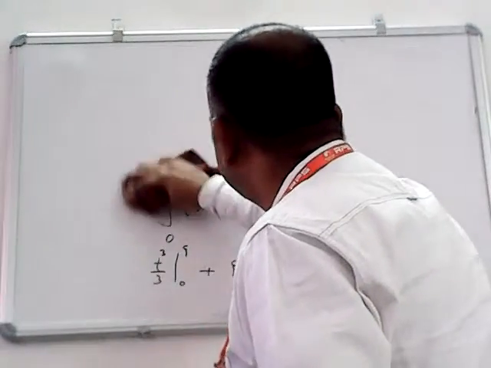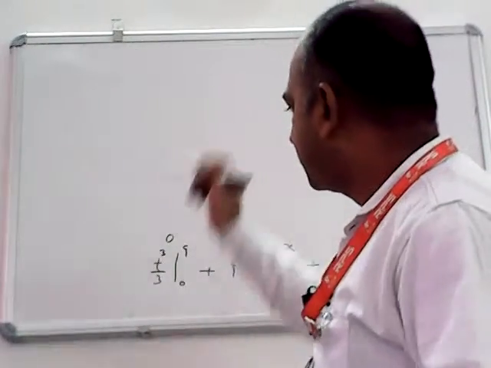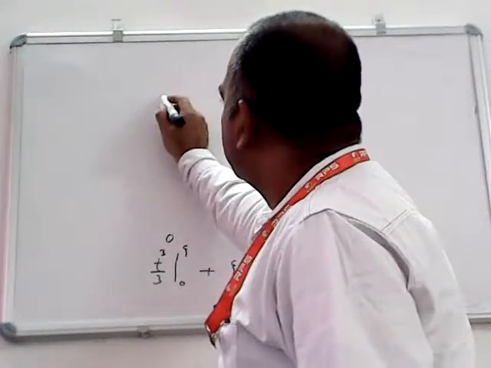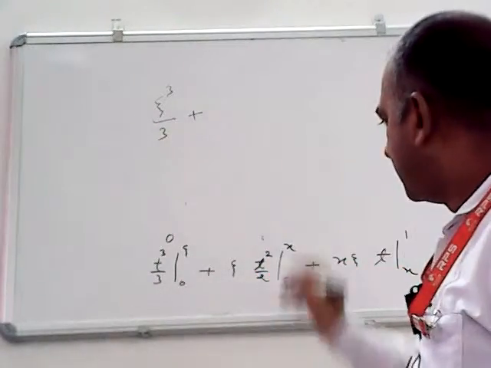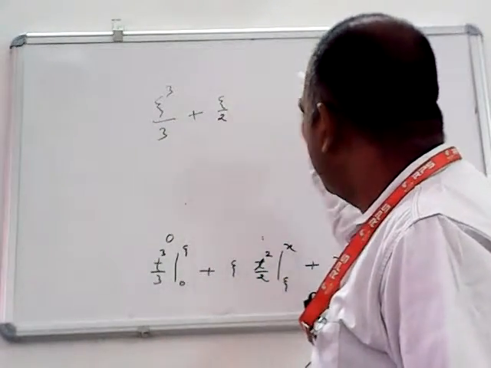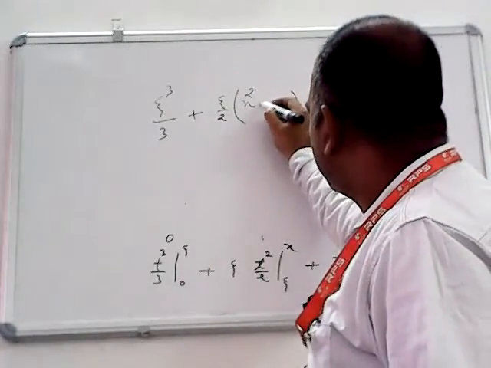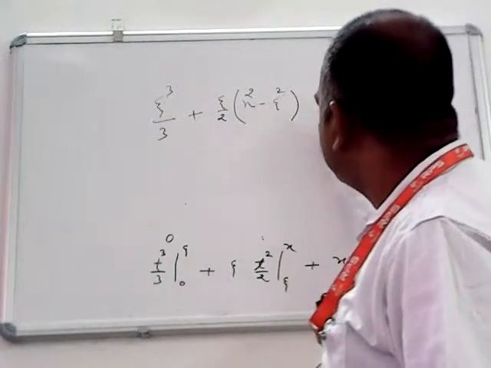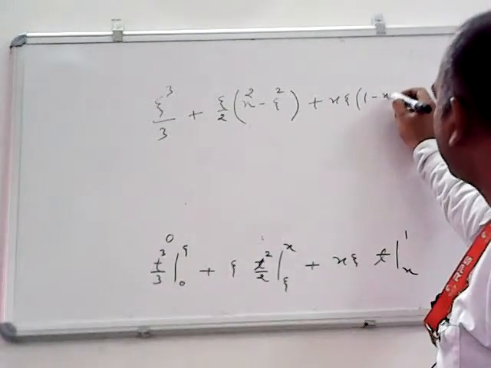Now, in this case, we are getting our answer as, first case we are getting xi cube by 3 plus xi by 2, then inside upper limit, that is x square, minus lower limit, that is xi square, plus x xi into 1 minus x.